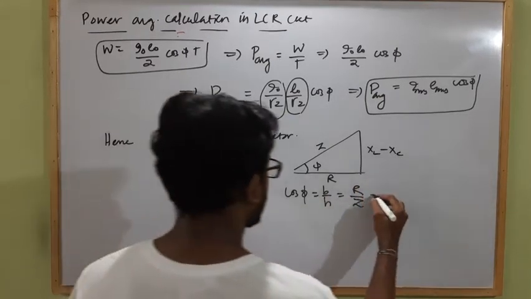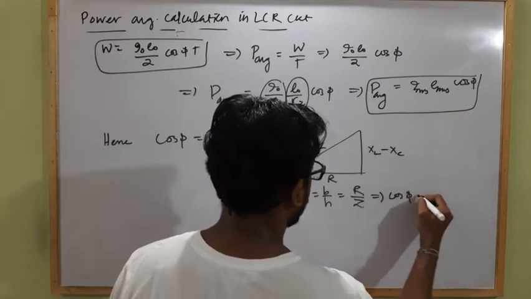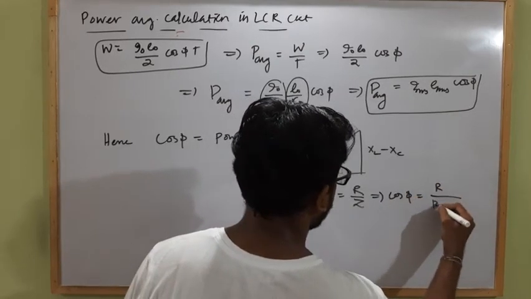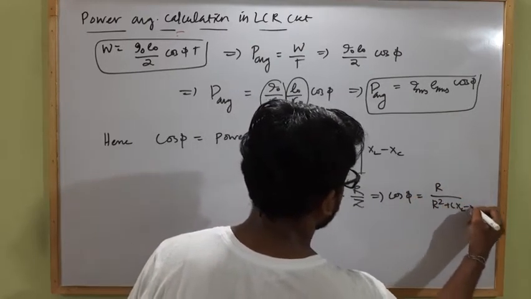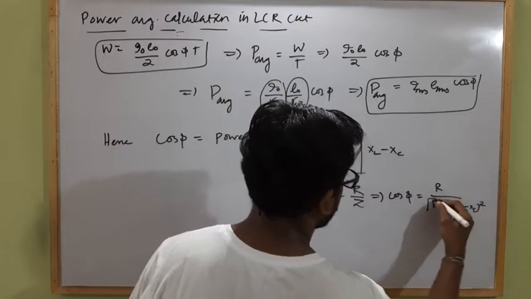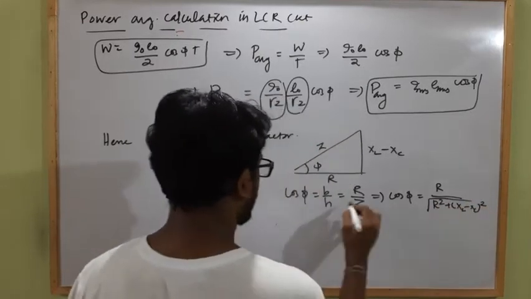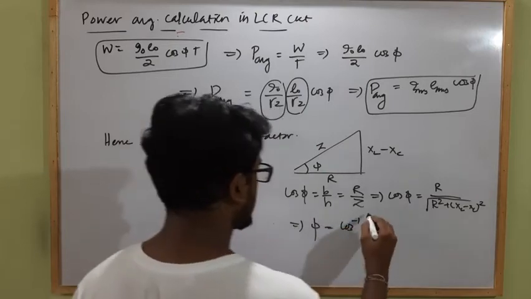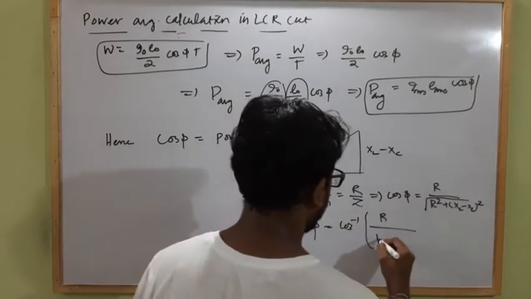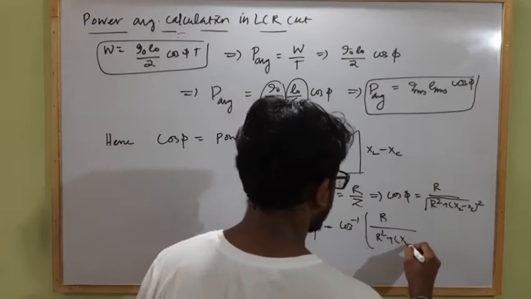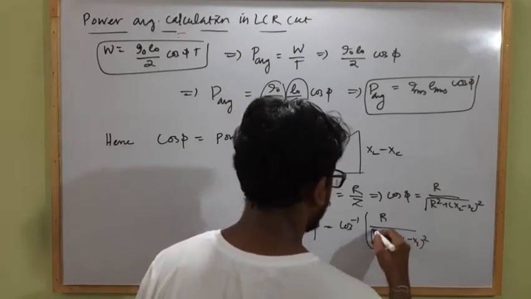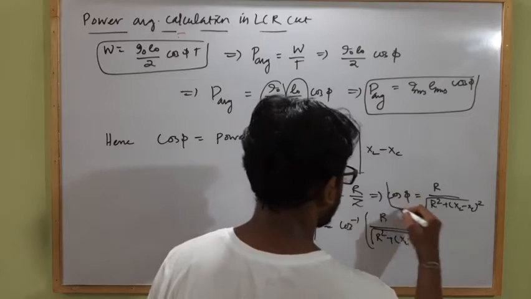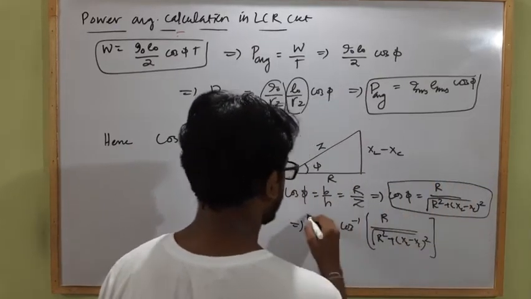And we know what Z is. This implies cos phi equals R divided by the square root of R square plus XL minus XC whole square. So this implies you can get phi equal to cos inverse of R divided by the square root of R square plus XL minus XC whole square. This is known as the power factor.